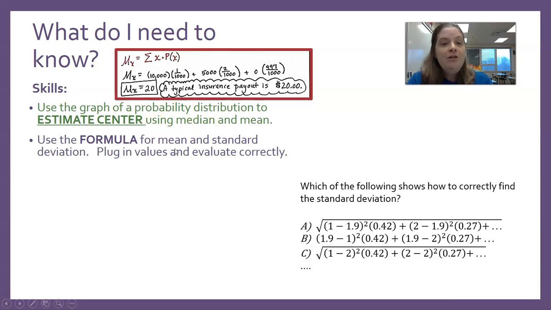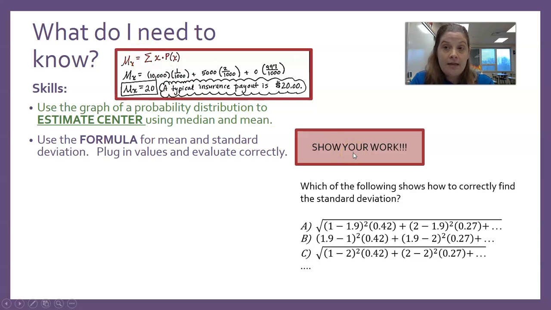All right, you need to be able to use the formula for mean and standard deviation and be able to plug in those values and evaluate correctly. You've got to be able to use that formula. For example, you need to be able to show your work. If this is a free response question, you are expected to show these numbers plugged in. So when we calculated the mean, I would expect handwriting that looked like 10,000 times the probability plus 5,000 times the probability plus 0 times the probability.